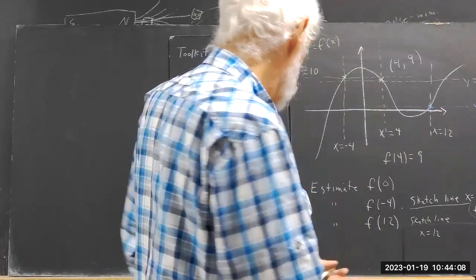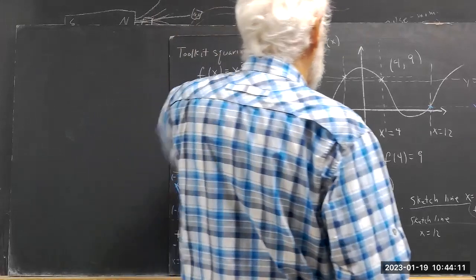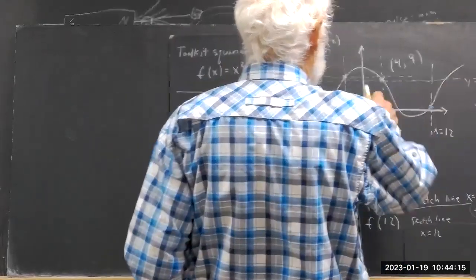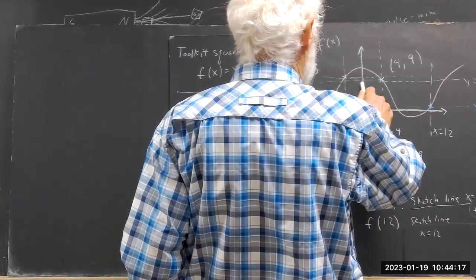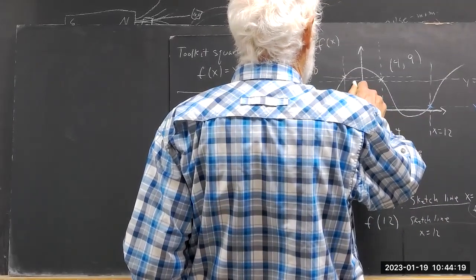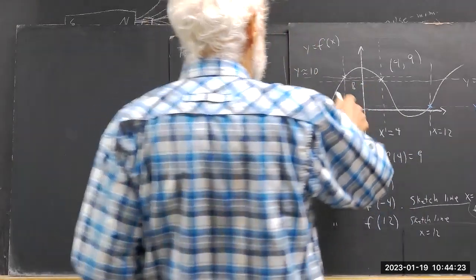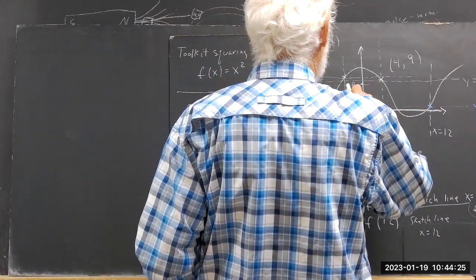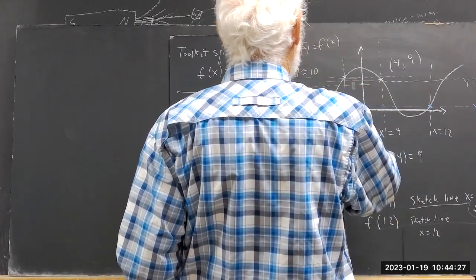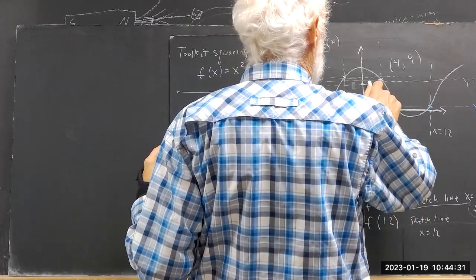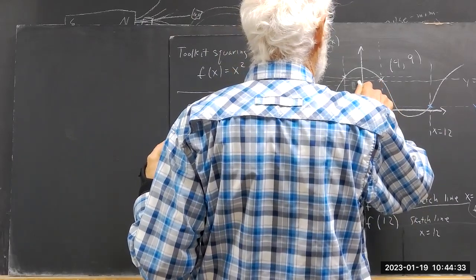Now you could do a number of things. You could say if this is where y equals 9, and y equals 8 is about here, isn't it? So you can say on the y scale, right here is 8.